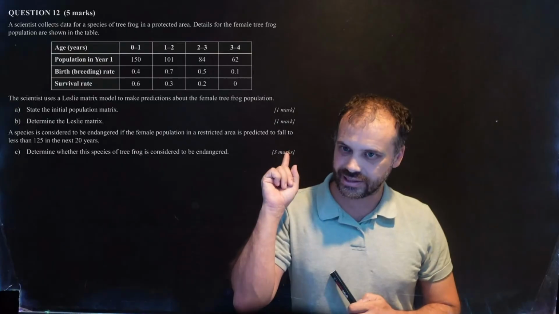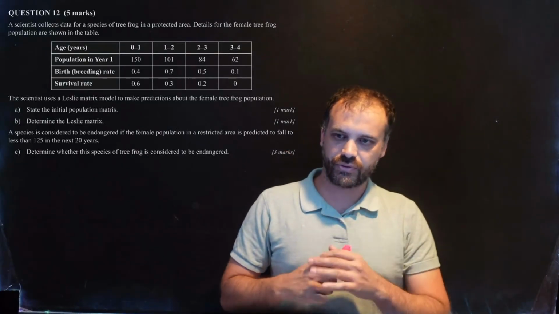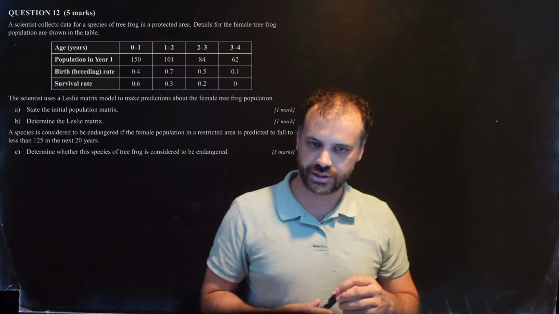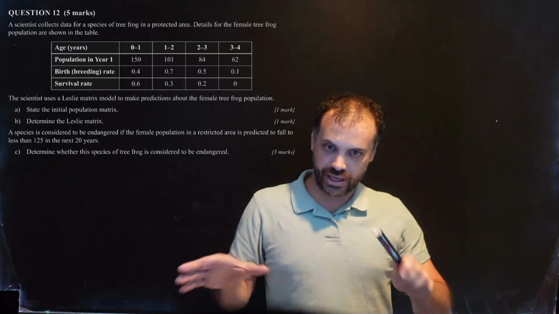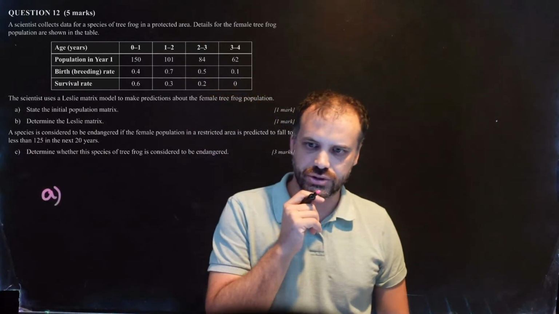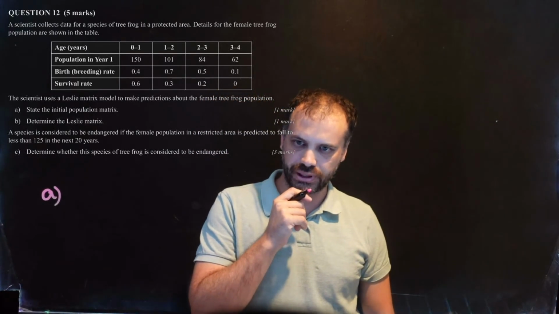Short response questions. Okay, so this is Leslie matrices, and we've got part A, 1 mark, part B, 1 mark, and part C, 3 marks. So if it's 1 mark, you don't have to show any working, you just make it happen, right? So part A, it says to state the initial population matrix.